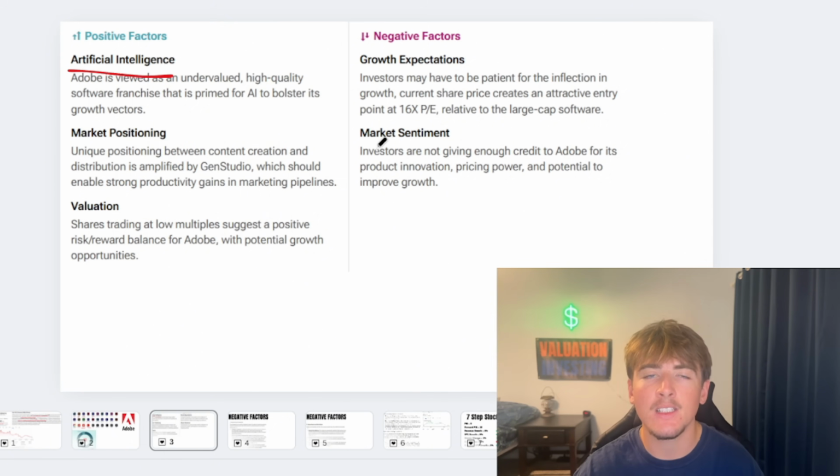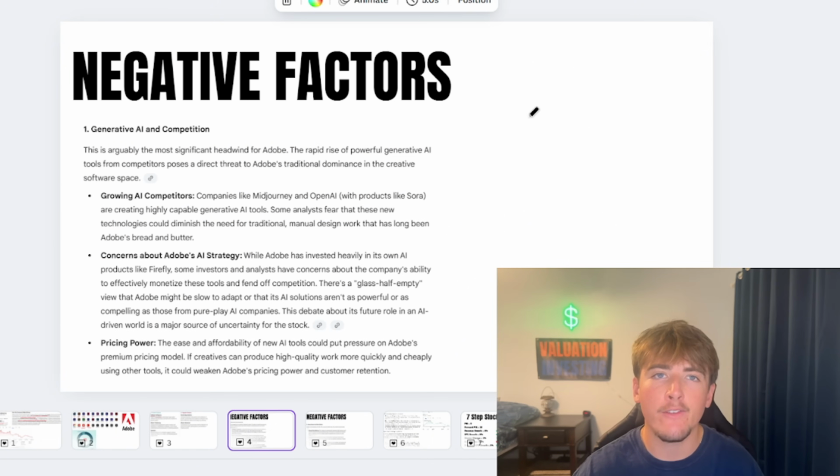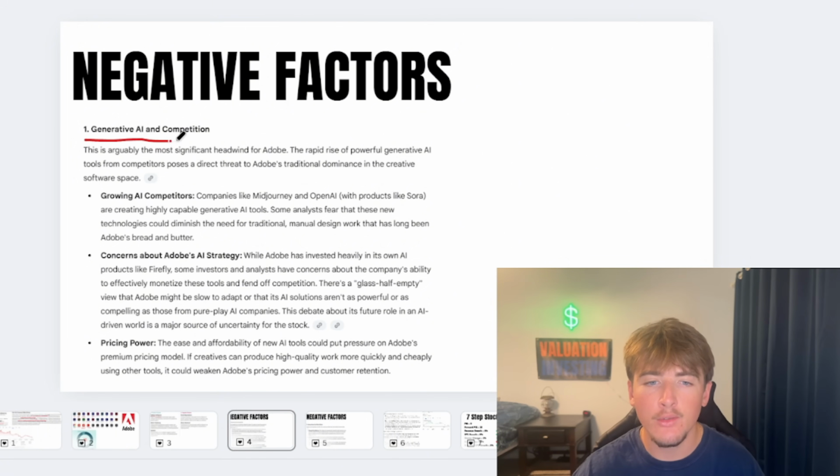Also, the market sentiment for Adobe is pretty low because of pricing power and lack of product innovation, and the potential to improve growth isn't really there as much. Here are a few more negative factors for Adobe: generative AI and competition in this space, where people view AI as potentially hurting this company while others say it could help them.